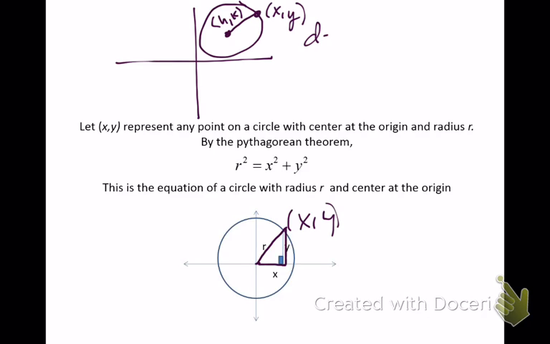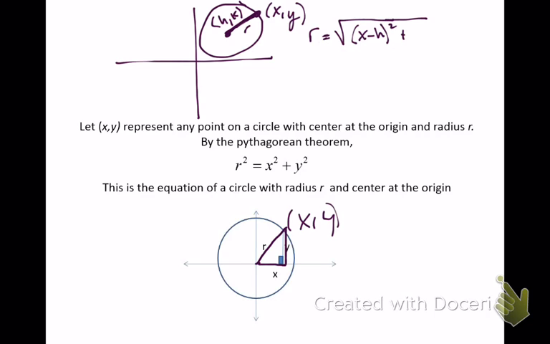The distance from this point to this point is going to be the radius. So this distance is just going to tell us the radius. Well, the distance formula says subtract the x's, which is going to be x minus h, square that difference.